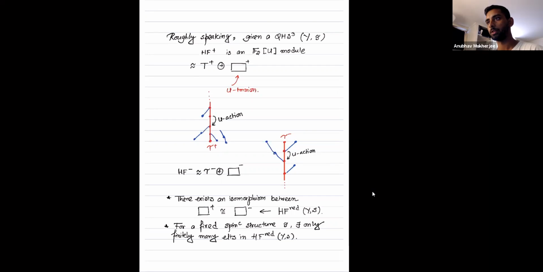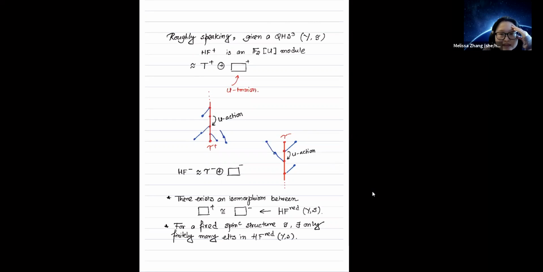There is another way of thinking about this: looking at the long exact sequence of HF infinity, HF minus, HF plus. If you look at those maps, you can see that the kernel of the map from HF infinity to HF plus is these elements. Did I sort of answer?